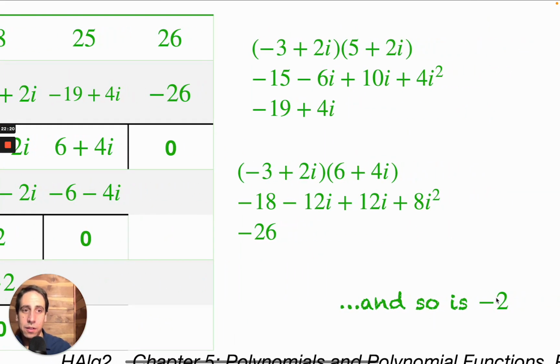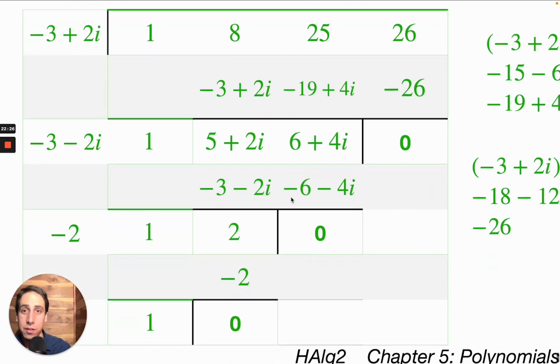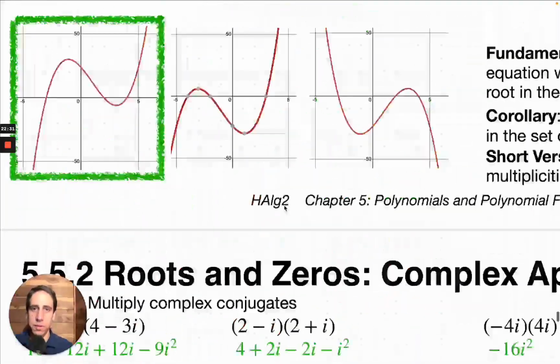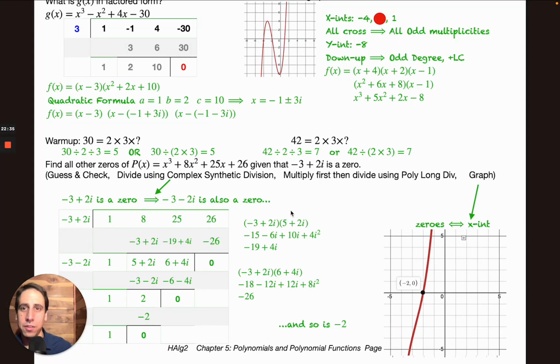So the big number that we're looking for is negative 2 here, and we found it. You could guess and check if you want, but the algebraic way to do it is to divide using complex synthetic division twice.